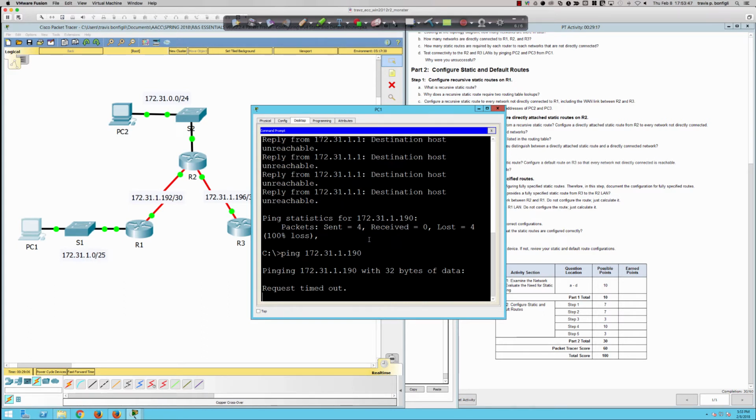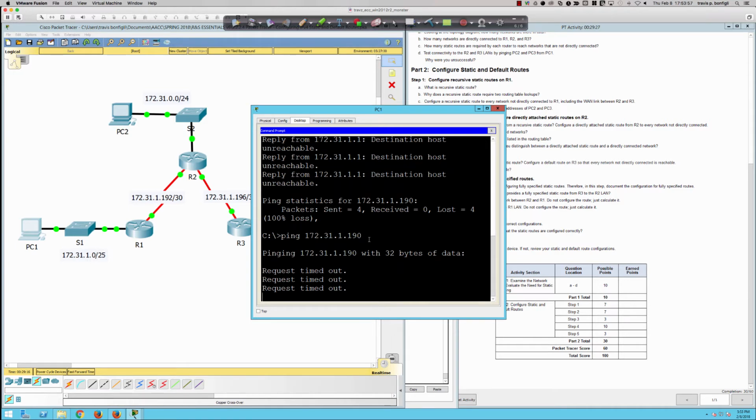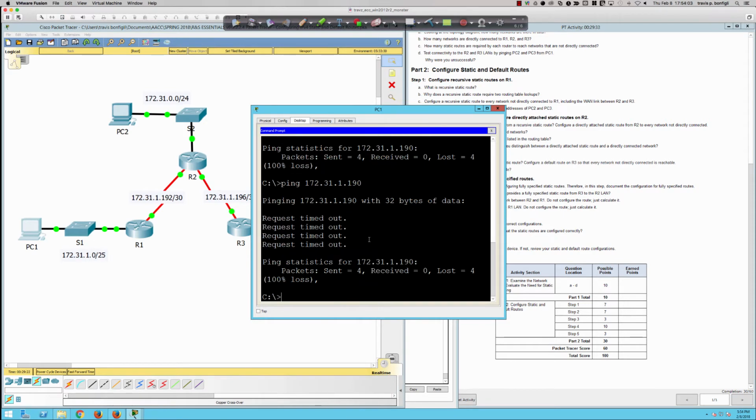Now, what do we get here? Does it say destination host unreachable? Is router 1 telling me, dude, I have no clue how to get to that network? No, he is not. What's happening is the request is timing out.